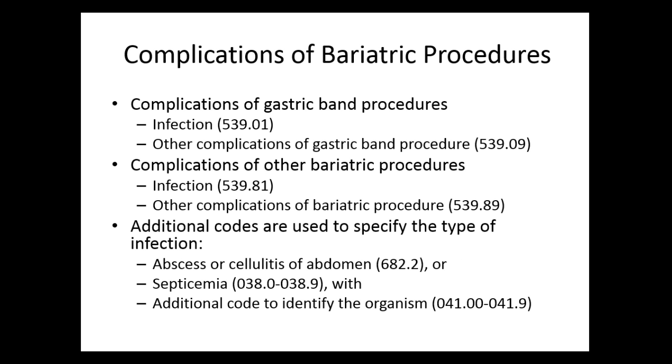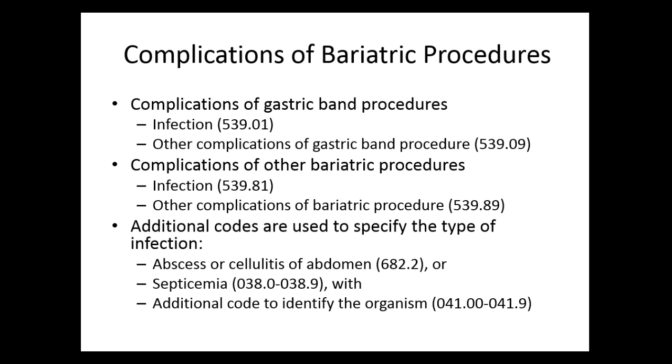There are complications that may occur with bariatric procedures, such as infections, going to code 539.01 or 539.81, depending on the type of procedure. You may see abscess or cellulitis of the abdomen, even septicemia.